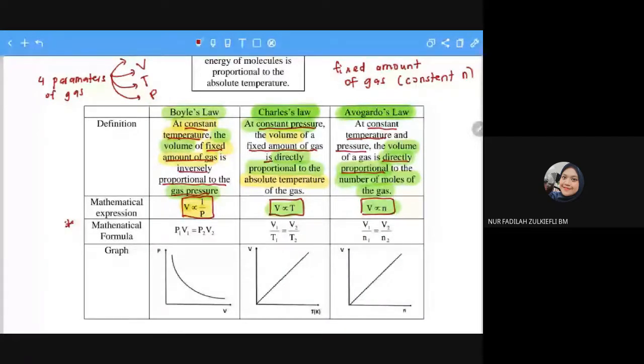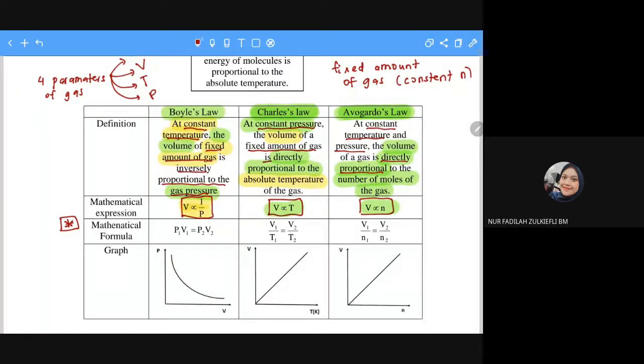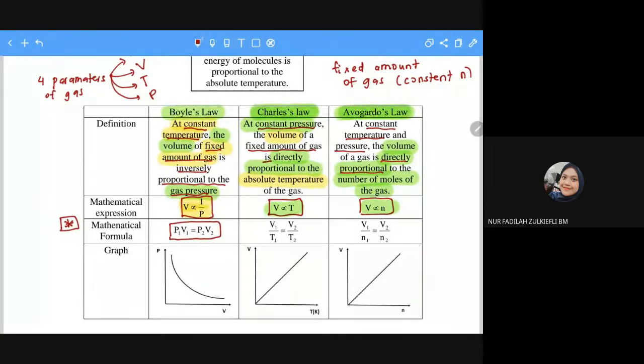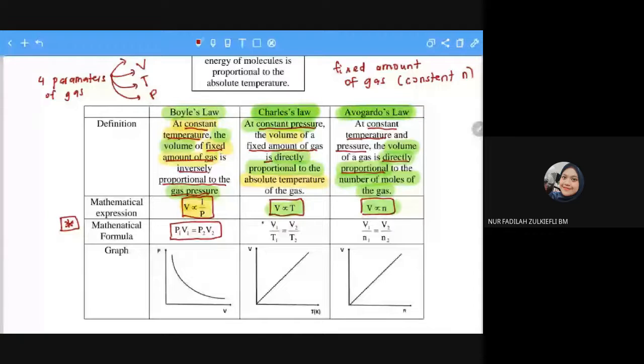So for system that has changes, yang relate dengan Boyle's law, mathematical expression tu akan jadi macam ni. Teacher tak tunjukkan derivation macam mana dapat yang ni, tapi dalam kuliah dah ada. Boleh tengok video kuliah.